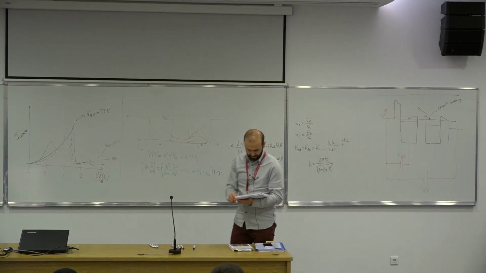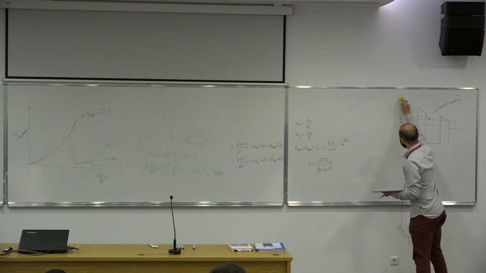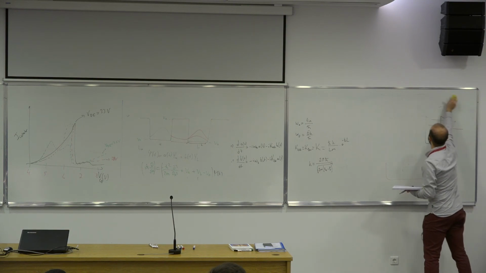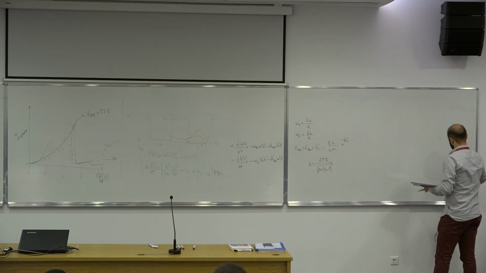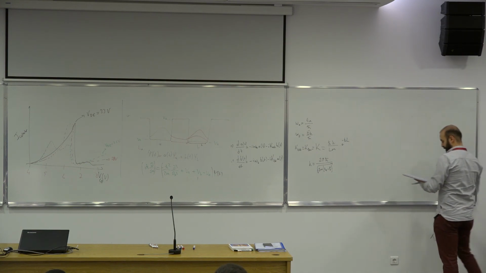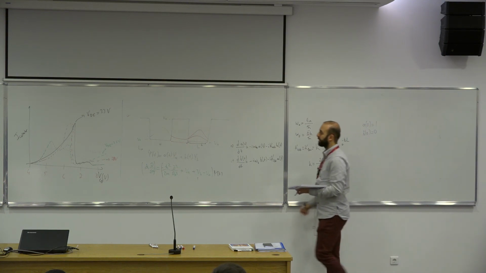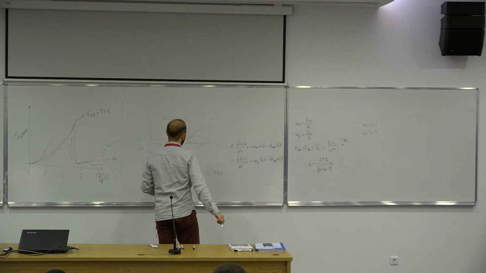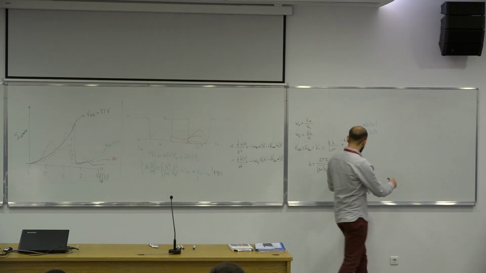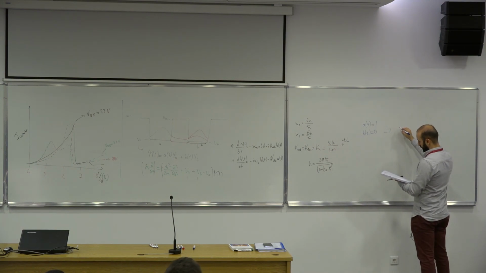So if I solve for these equations, that's what I'm going to get. So let's assume at t equals 0, we have our electron to start in well A. So if I solve for these coupled equations, that's what I'm gonna get.